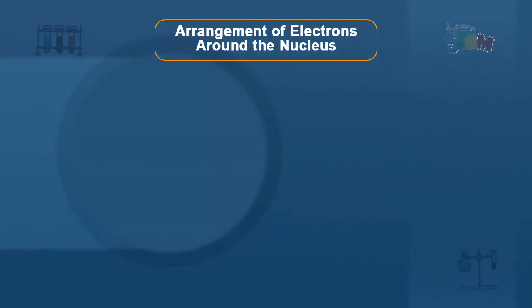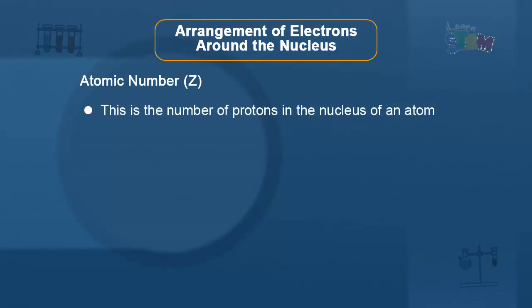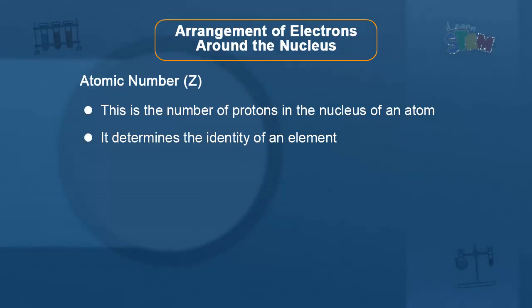Now let's look at 3 very important ideas in atomic structure: atomic number, mass number, and isotopy. First, we have the atomic number, represented by the symbol Z. The atomic number is simply the number of protons inside the nucleus of an atom. This number is what identifies an element. No 2 different elements have the same atomic number.